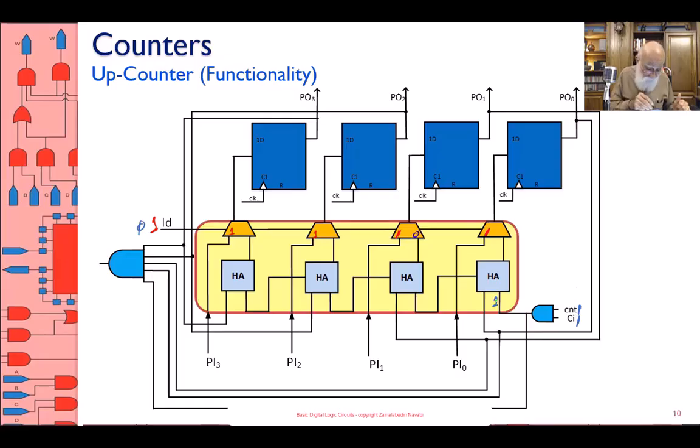And in this position, load is 0, so this is a 0 here. We are selecting the right input of the multiplexer, which goes into the inputs, and therefore if it's 0, these 4 go in, get incremented on the output.